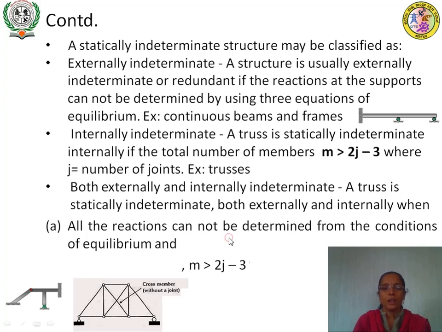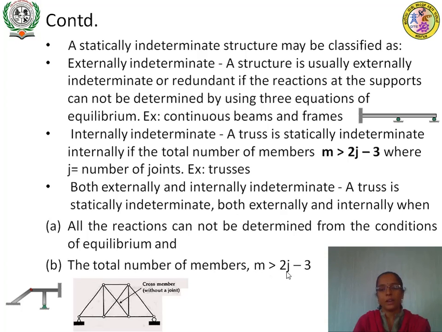And the second point is that the total number of members m is greater than 2j minus 3. When it satisfies these two conditions, we can classify that structure as indeterminate both externally and internally. Externally refers to the reactive components, and internally refers to the number of members.